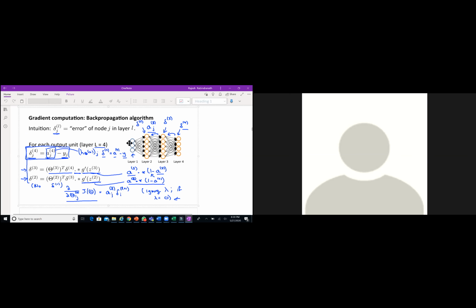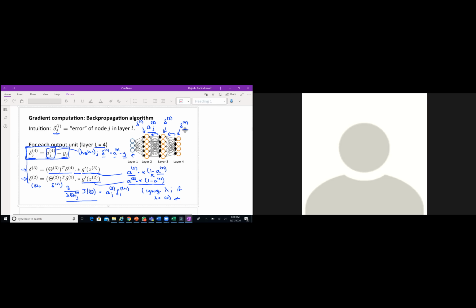So here the intuition, or essentially what you're calculating, is something called delta L of J. Remember, what does the superscript always represent? Layer. So in this particular case, delta 4 represents the error in the node, or sorry, the layer 4. The error of layer 4 is represented by this delta 4.